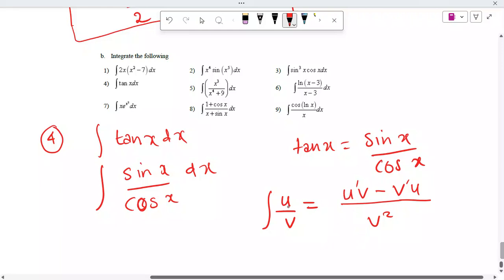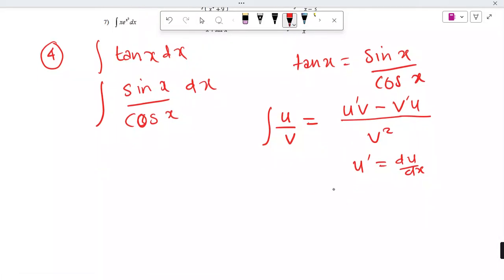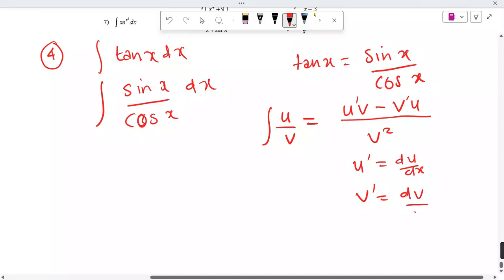u prime v minus v prime u. So u prime is the same as differentiating the equation. So it's the same as du over dx, it's a differential. Then v prime is dv over dx.